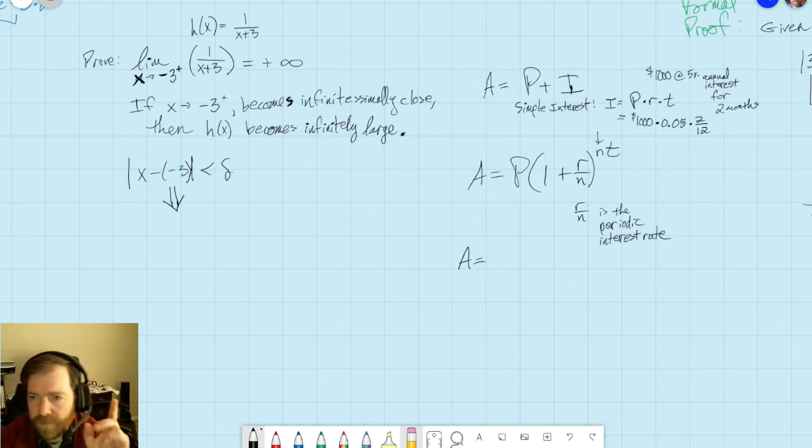So 1,000 times 5% times 2/12. Now here's the other thing. You don't necessarily have to do it in this order. It could be a different arrangement of units. We could have $1,000 times 0.05/12, which is 5% annual interest rate split amongst each of the 12 months. So your monthly interest rate is 5% over 12.